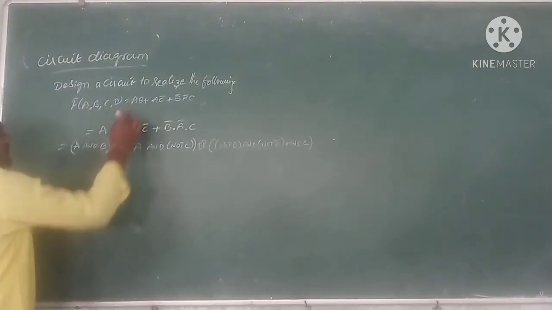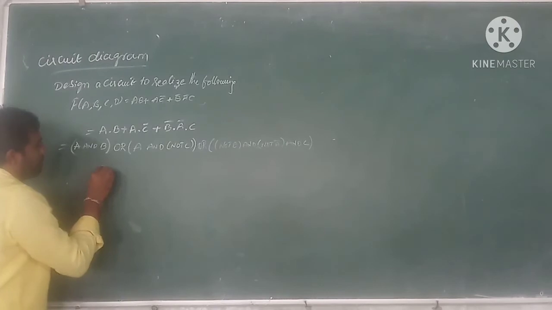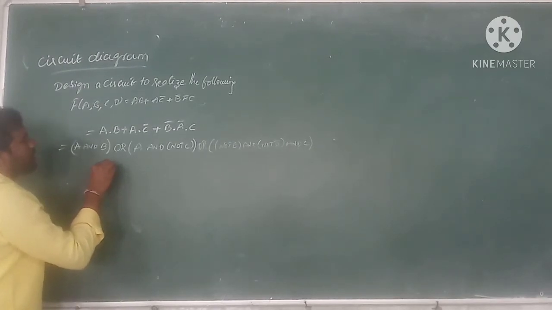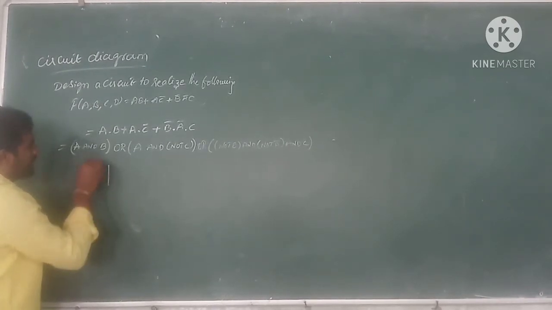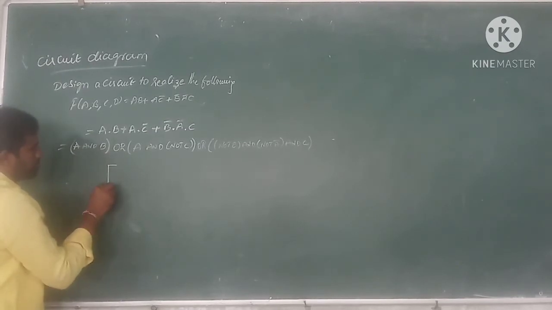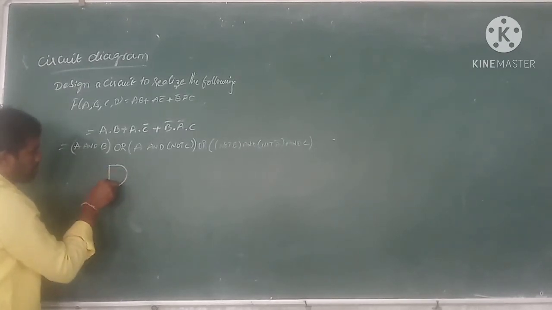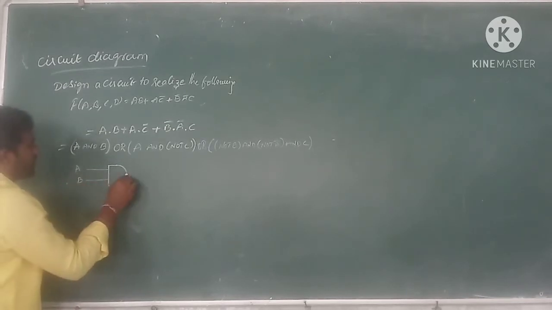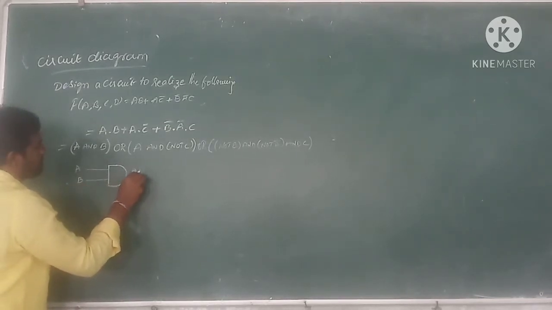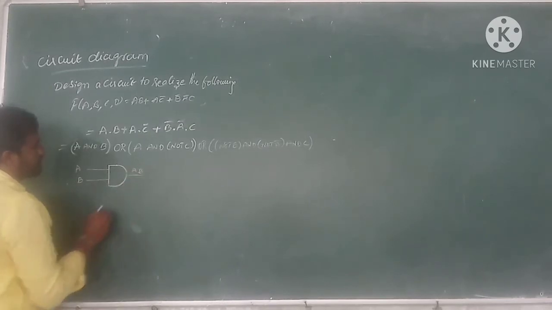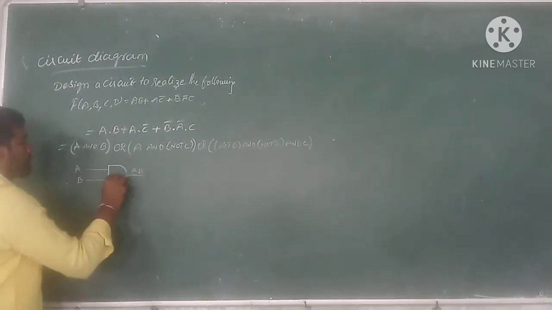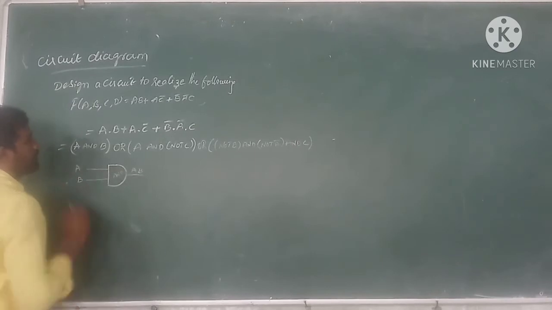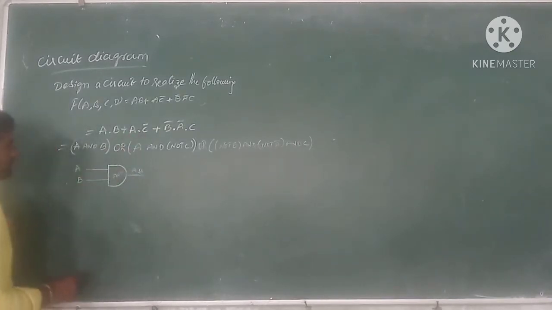So what exactly is given? The first is AB, which is in the format of AND, with inputs A and B. Next, A dot C complement.